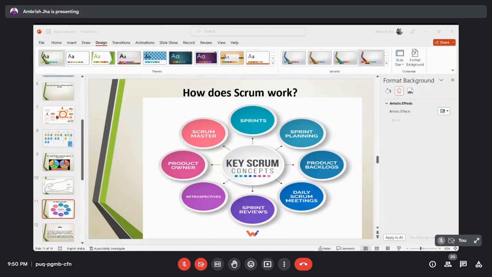And then there is a Scrum Master. The Scrum Master and Product Owner are nearly non-technical jobs, but they understand the system. They understand the terminologies.